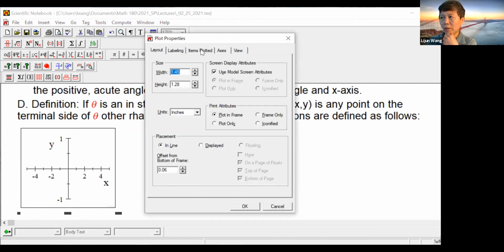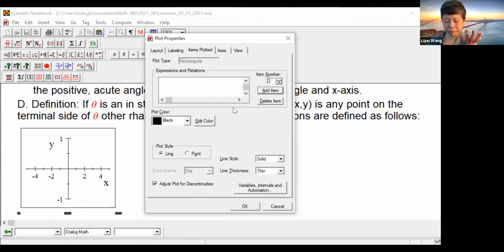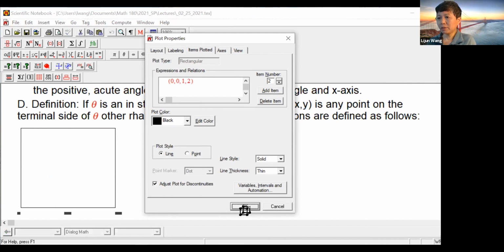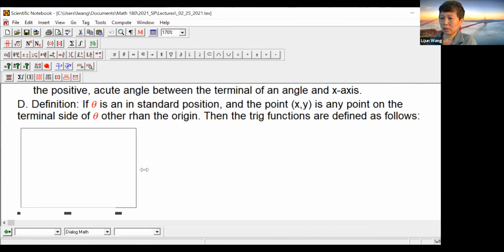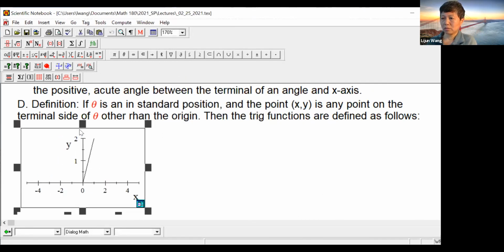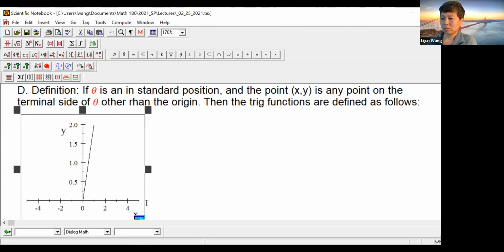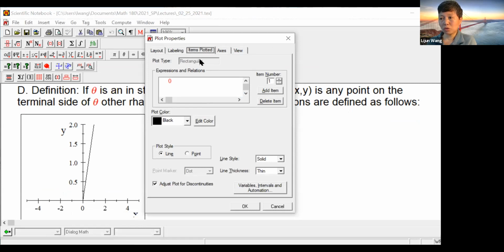So right now, I'm going to just draw an arbitrary terminal. Okay, just like that. I want you to draw the same picture on your graph.